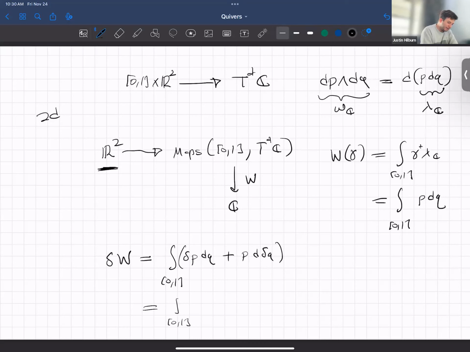And then, sorry, that should have been with a minus, you pick up a term that looks like the variation of Q times P, evaluated at the boundary of your path.